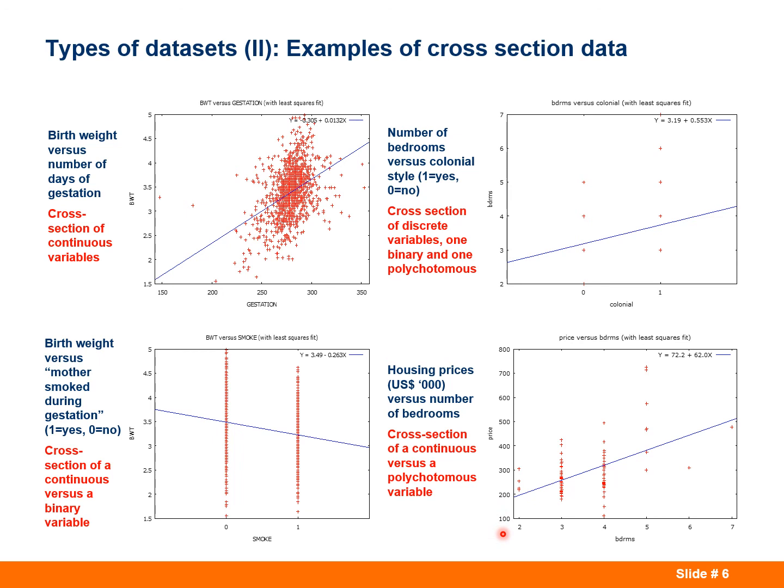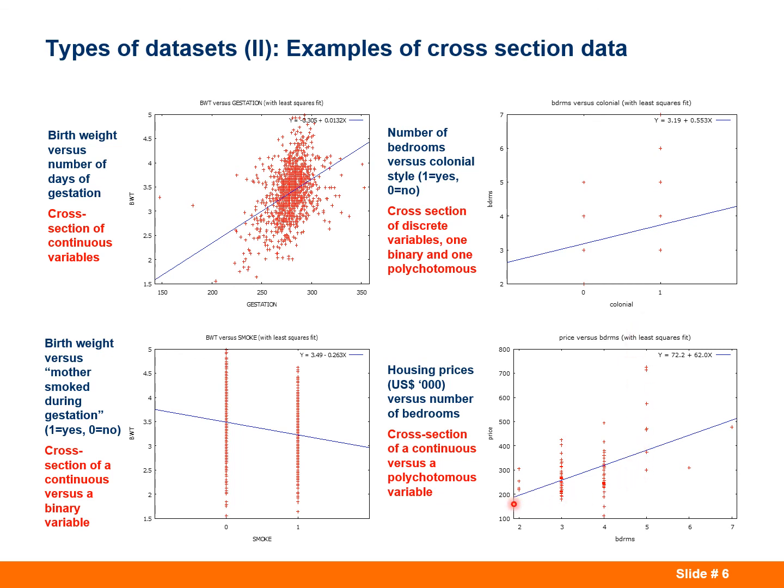In this case, we are considering a polychotomous variable, the number of bedrooms in a given home, 2, 3, 4, 5, up to 7, and the price. And the price will be a real number variable. So what you have here is the distribution of prices observed for homes of this size measured in number of bedrooms.